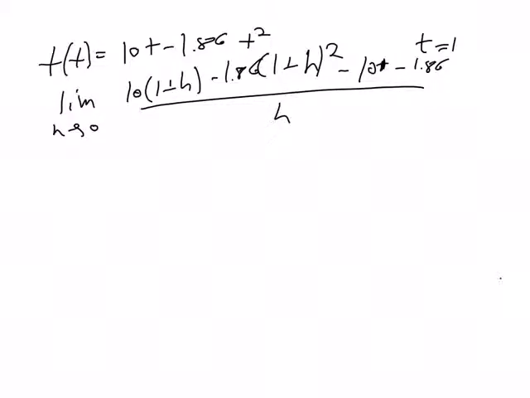So the question is, it's 1 plus h squared. So this is equal to h squared plus 2h plus 1.